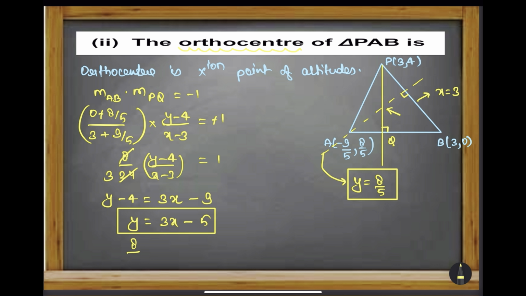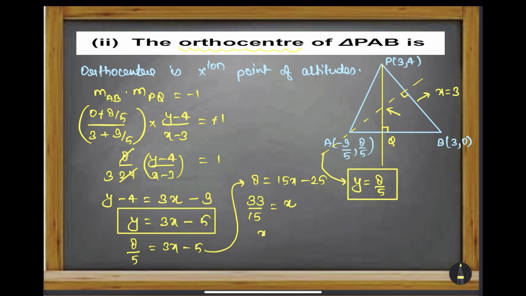So let's simplify. So it is 8 by 5 equals 3x minus 5. So let's simplify. So 8 equals 15x minus 25. Now 25 will go that side, correct. So it will become 33 by 15, correct or wrong.